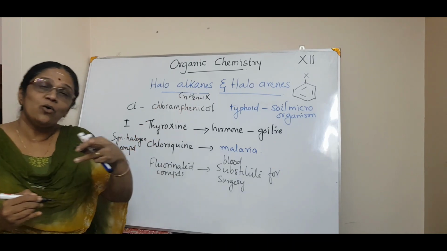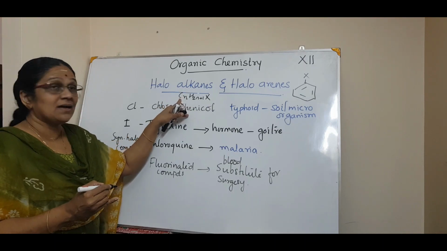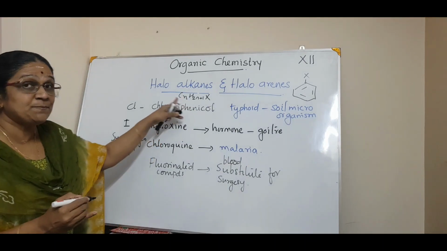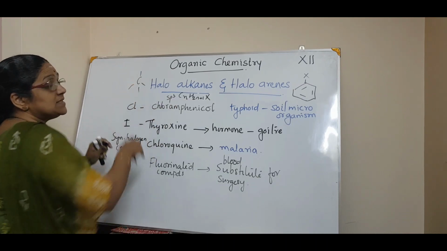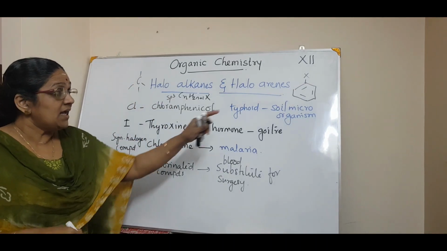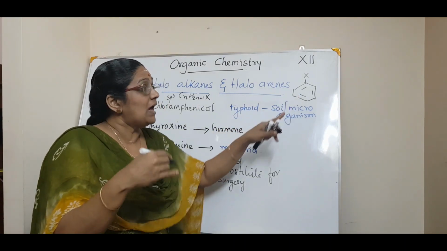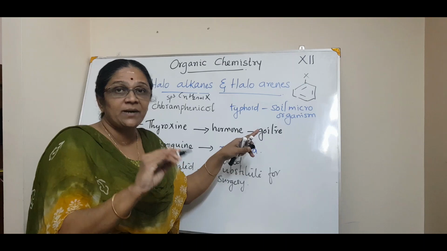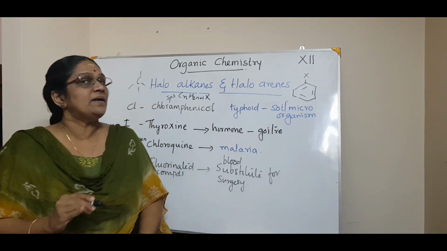And if you want to talk about one more difference, the main difference is in haloalkanes the carbon atom is in an sp3 hybridization. You know what is sp3? Which means all are single bond. Whereas in haloarenes, when we talk about benzene or halobenzenes or substituted benzenes, then this carbon atom is in an sp2 hybridization.